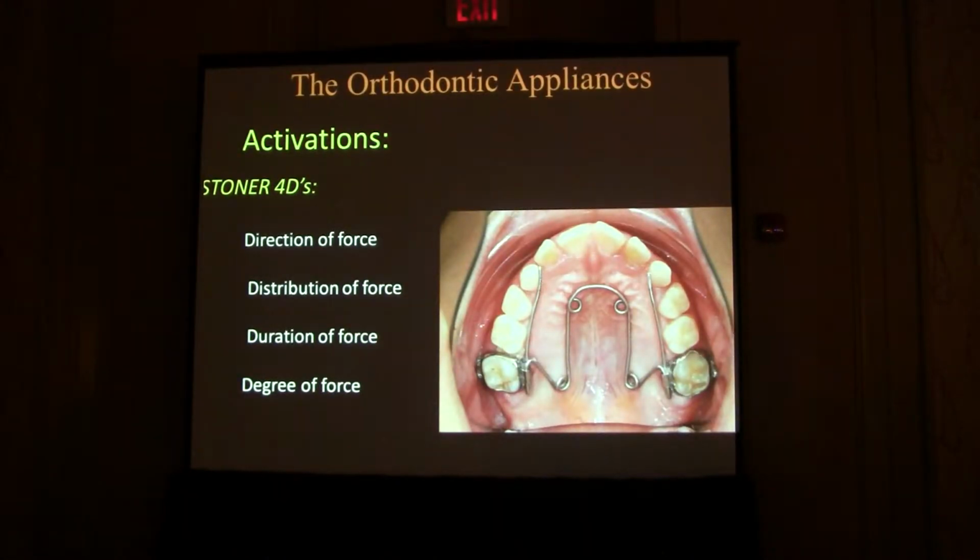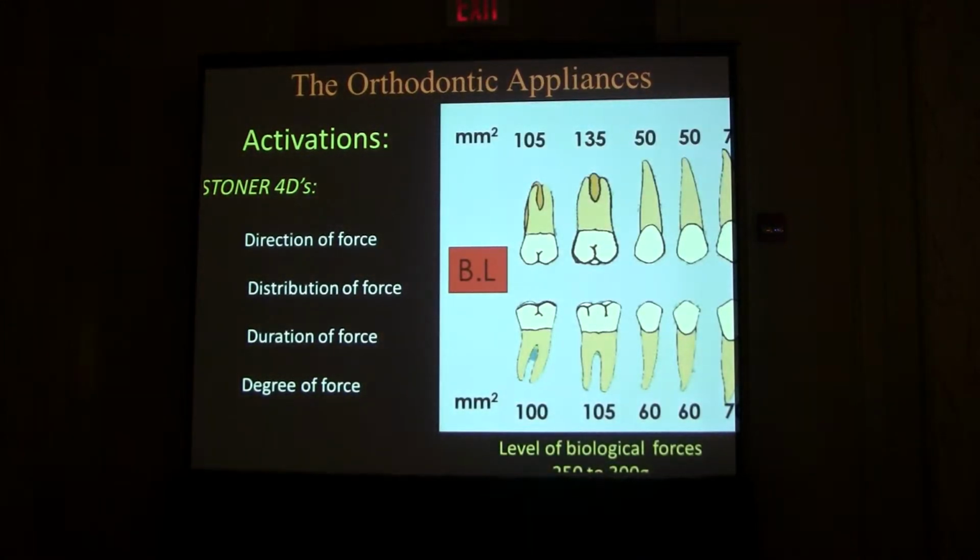The quadratics, like any orthodontic device, will respect standards, which are a good direction of the force, a good distribution of the force, and a good duration of the force. The degree of the force will have to respect a good level of biological forces, which is about 250 grams if we refer to Brignani's work.